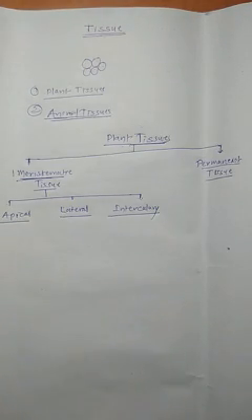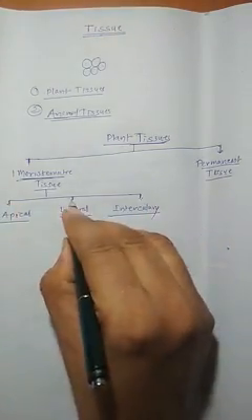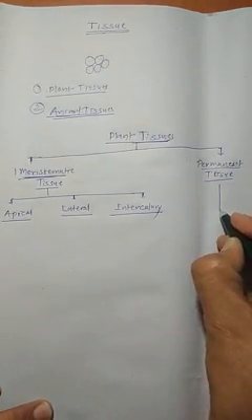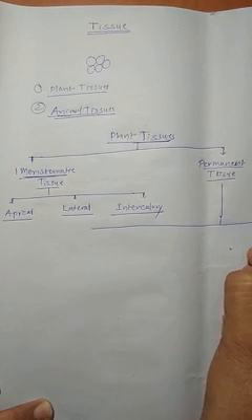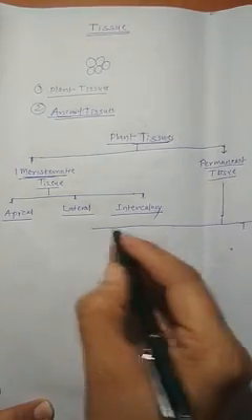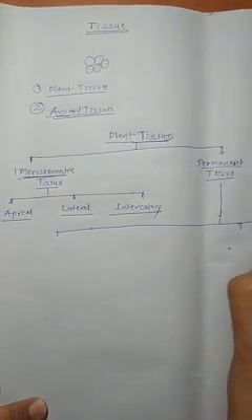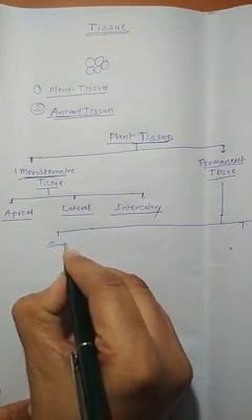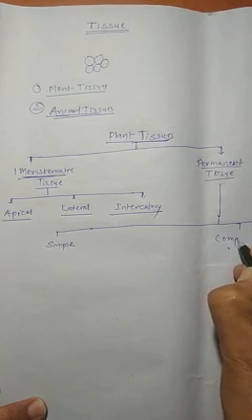We'll study about one by one. Firstly, we have to complete the division. Permanent tissue is also subdivided into two parts. Number one, simple. Number two, complex.